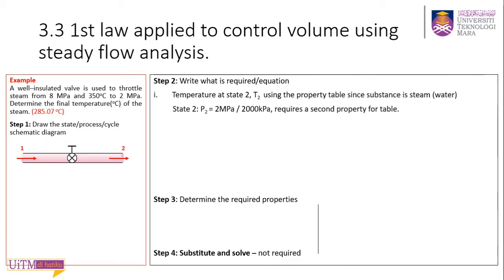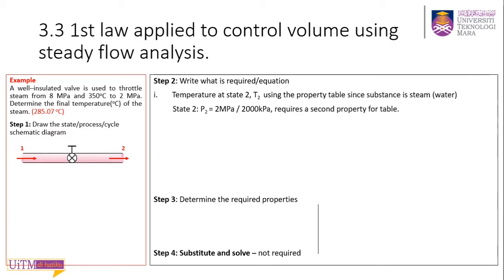However, when we look at the properties which are provided in the question, there is only one property at state 2, and to find the second property, we must apply the SFEE.